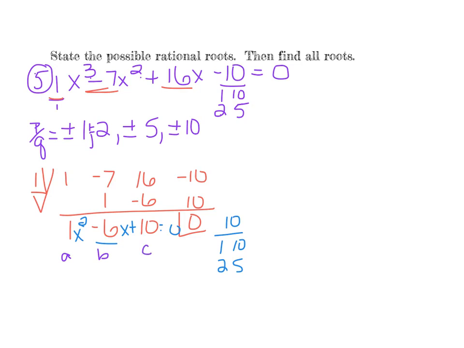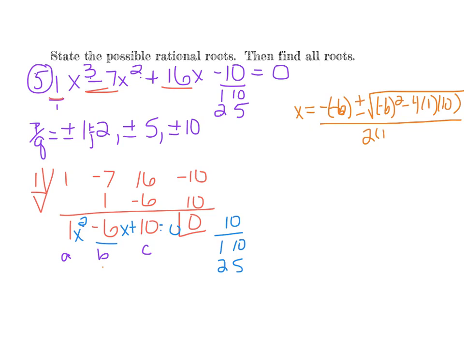So x equals -b, which is 6, plus or minus the square root of b squared. So again, -6 squared minus 4 times a, which is 1, times c, which is 10, all over 2 times a.